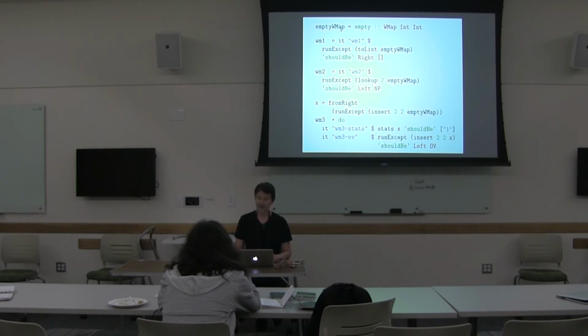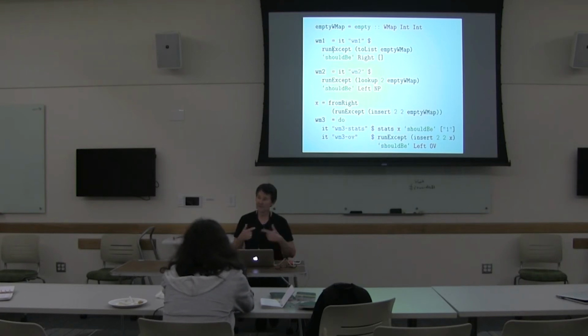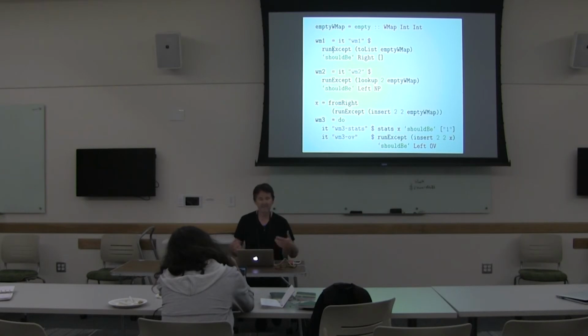Okay, so now we're going to show this in action. So I'm declaring an empty WMAP, and there's the definition. And then I'm going to say toList on it, and I have to say runExcept because remember I'm inside of the context of that except monad, so that gets it out of the monad. And I say, and it should be a Right, meaning there were no errors, and it's an empty list.